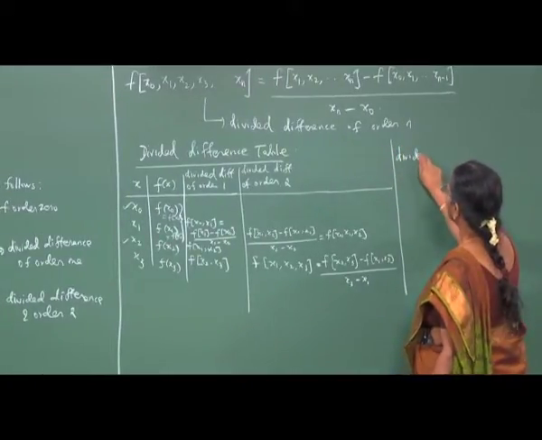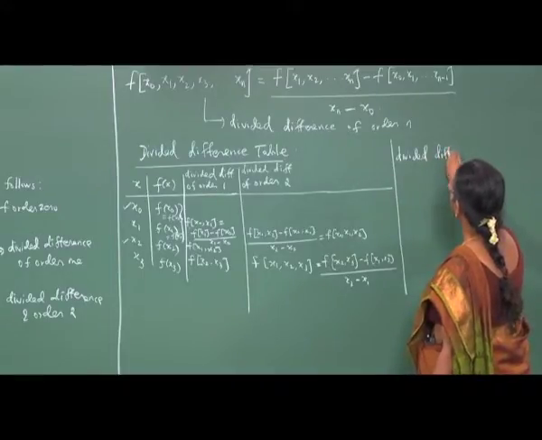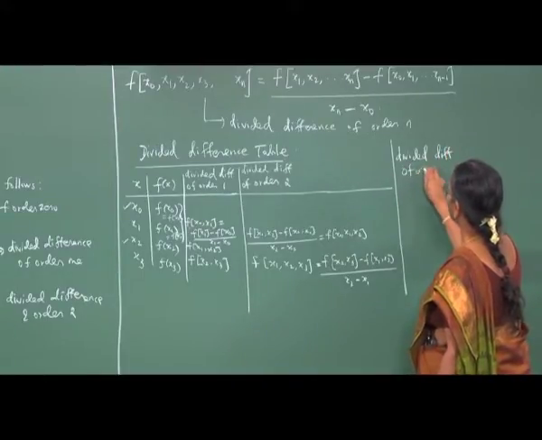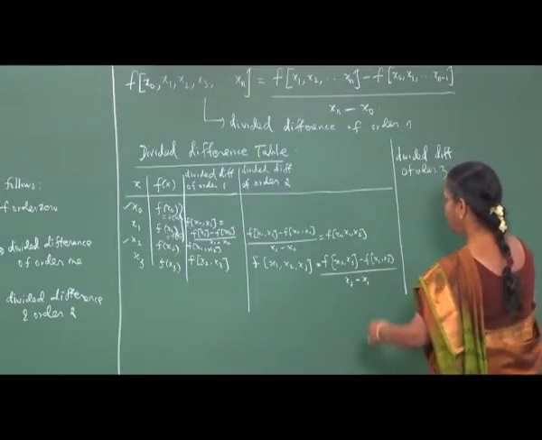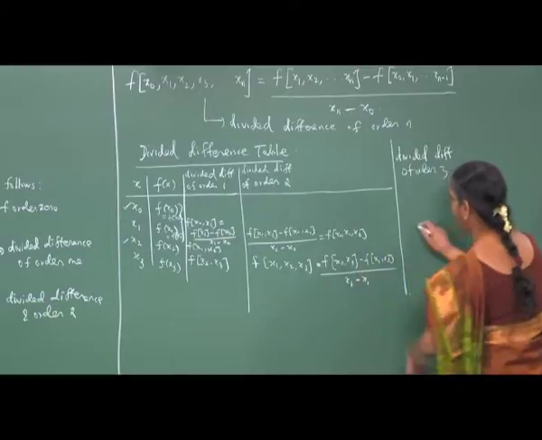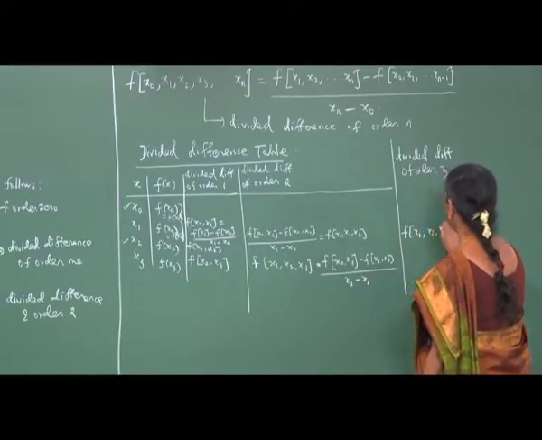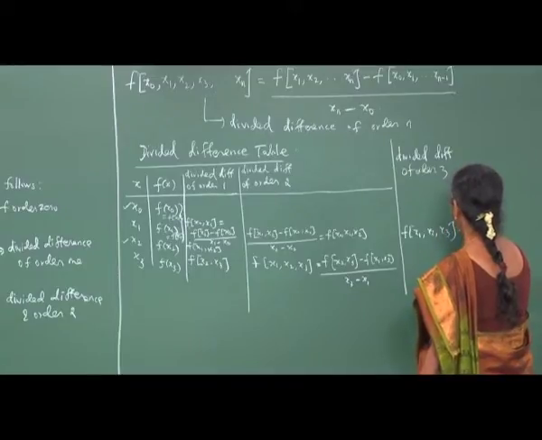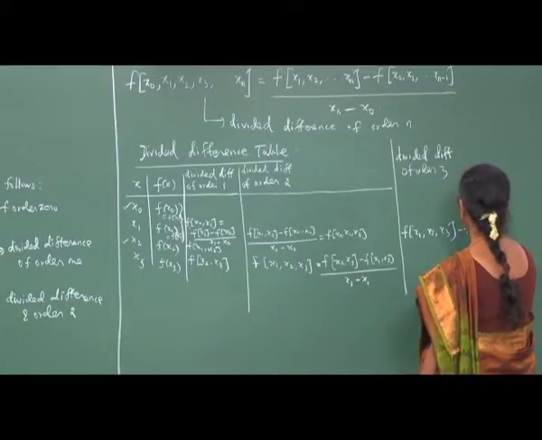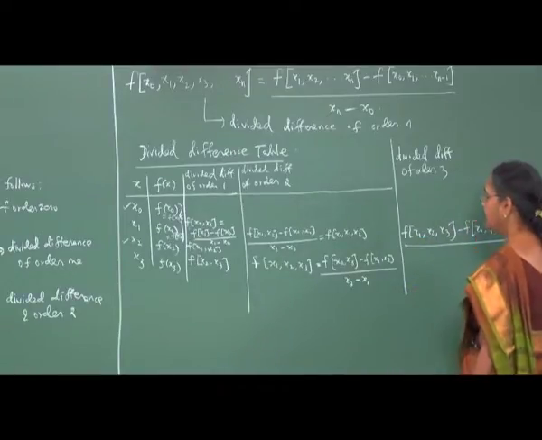So, let us now work out the column in which we have divided differences of order 3. So, we have divided differences of order 2, and hence if we find f of x1 x2 x3 minus f of x naught x1 x2 and divide.